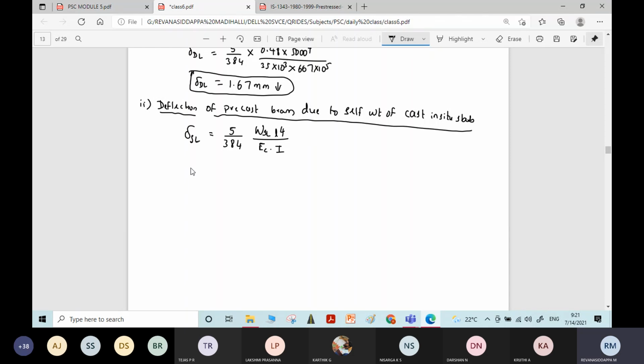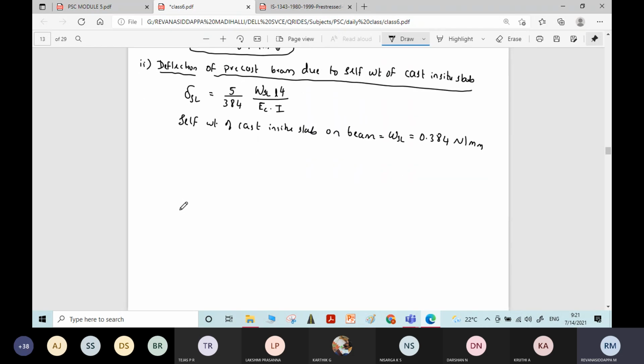WSL is given, self weight of cast in situ slab on beam is equal to WSL is equal to 0.384 Newton per mm.